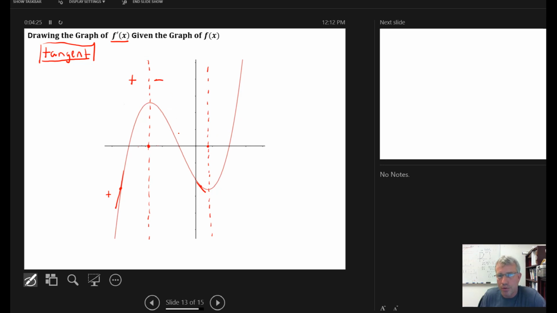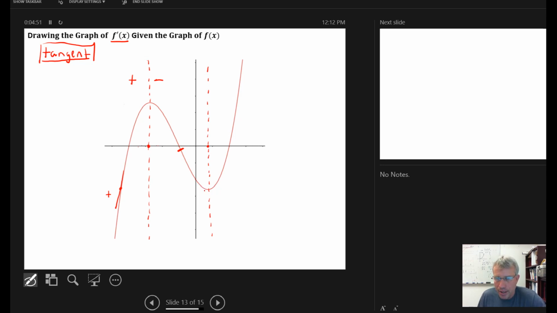And then I want to find the inflection point on the graph. So the inflection point looks like it might be right about here. And this will be the place where the graph either reaches a local minimum or local maximum. So I want to mark in any inflection points. And really the inflection point on the graph is the spot where the rotational direction of the tangent lines switches.